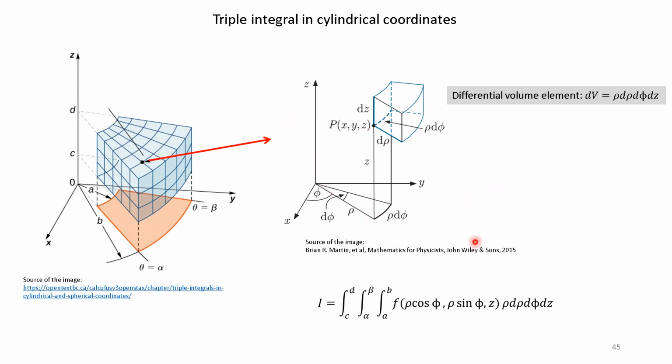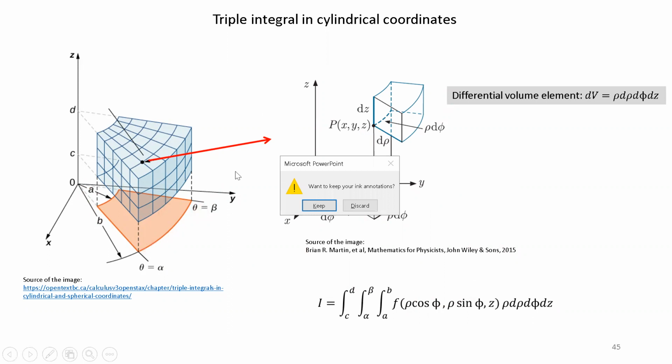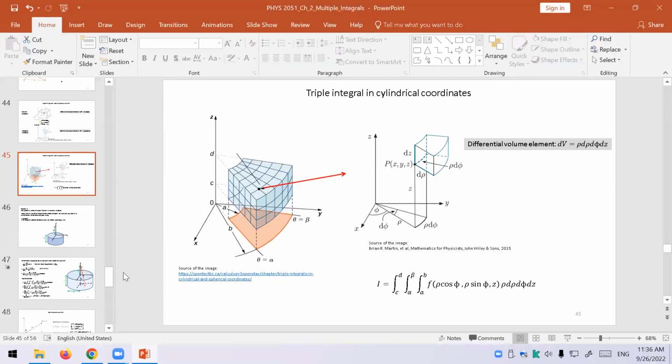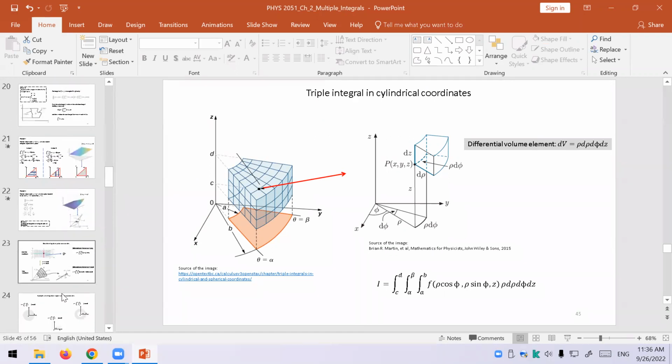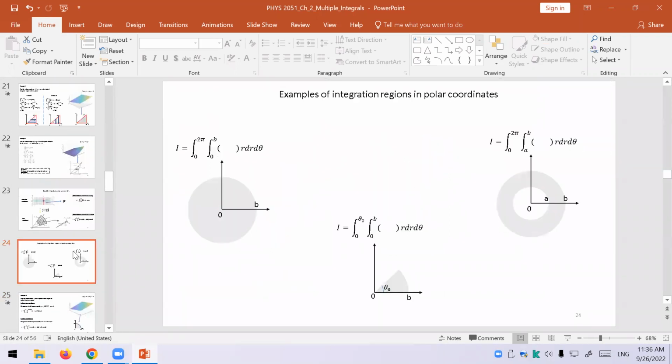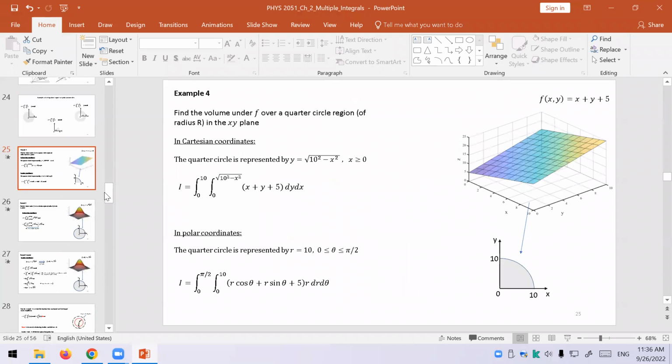So when I set up the rho limit and then the phi limit, the idea is exactly the same as what we had in polar coordinate. So you can go back to, I think it's page 24. This page, right?